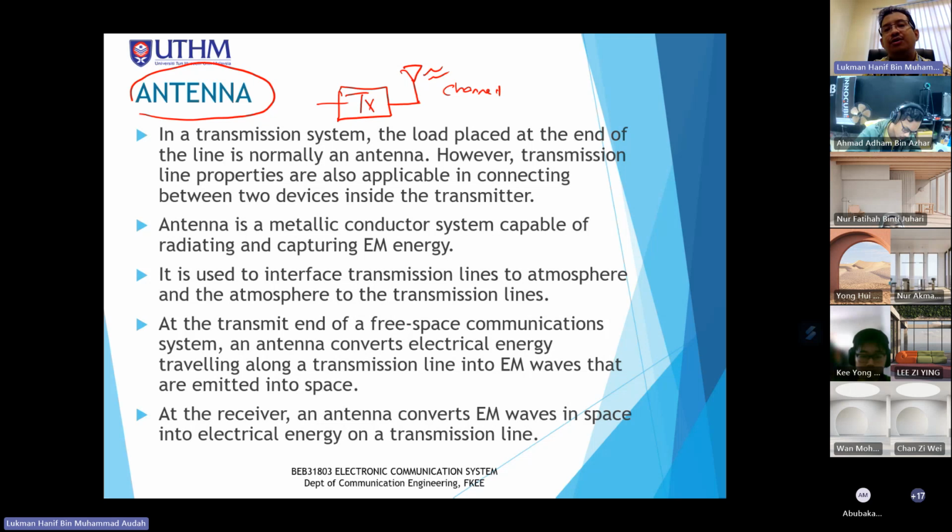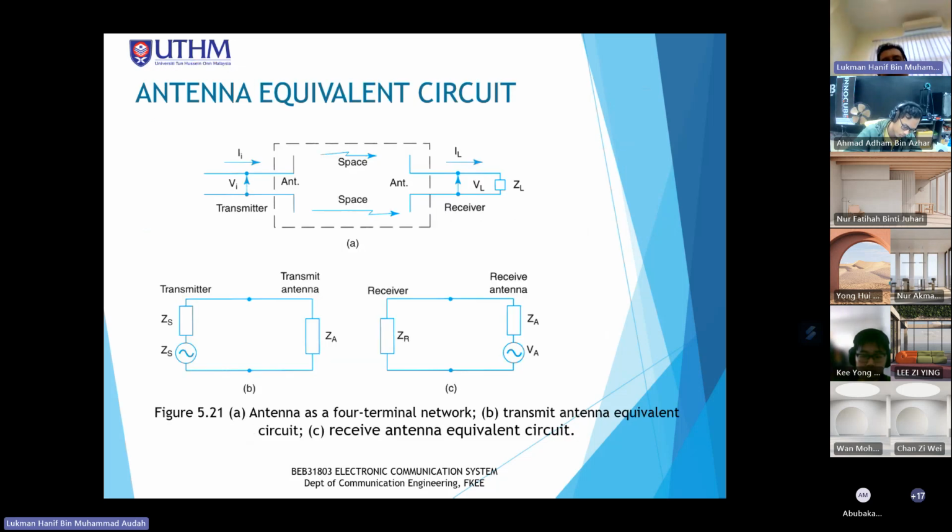Not only does it radiate, but it also absorbs the electromagnetic wave for the receiver. So it can radiate and absorb the wave from the channel. And this is the equivalent.